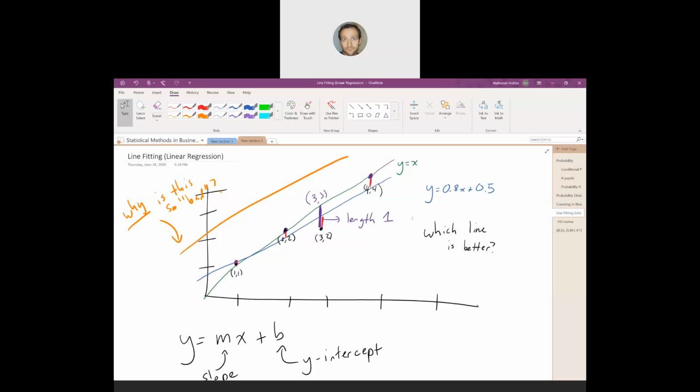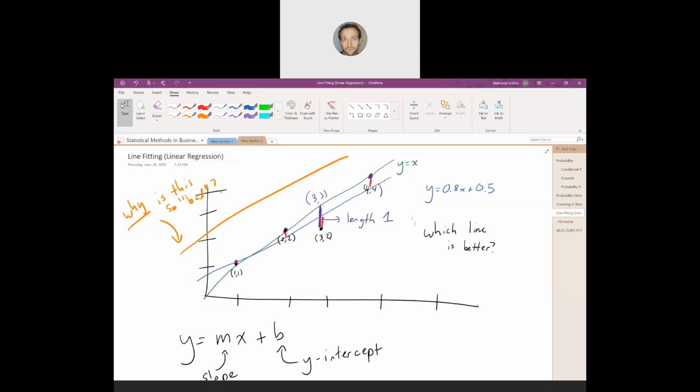The last class, we had a student suggest that the green line is better because it actually passes through 3 out of the 4 points, which is a valid way of thinking. That could be the case, that the green line is better.